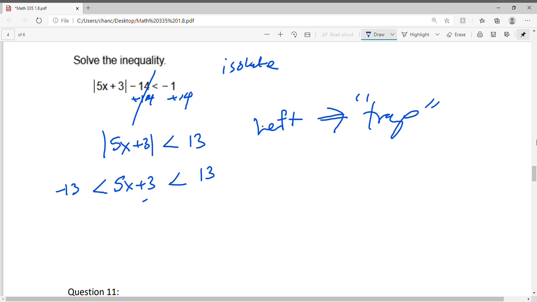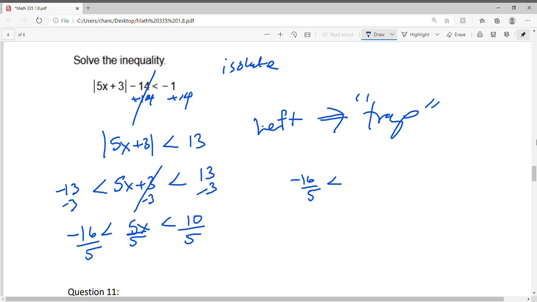Let's subtract 3 from all three sides. I have negative 16 is less than 5x, and that's less than 10. Let's divide everything by 5 now, all three parts by 5. Negative 16 over 5 is less than x is less than 2.